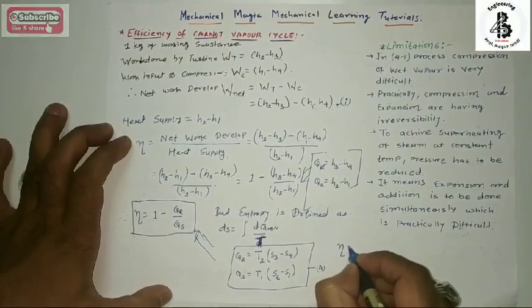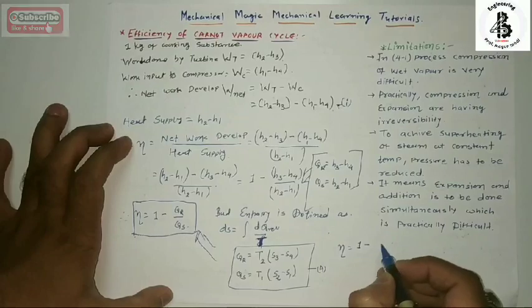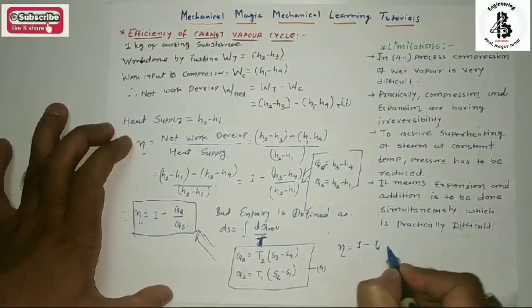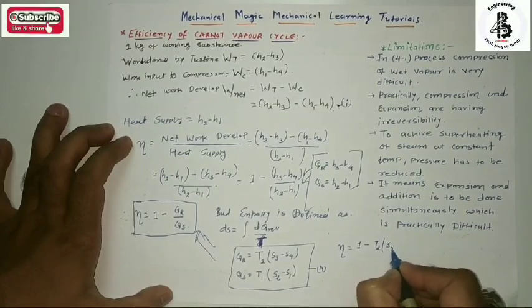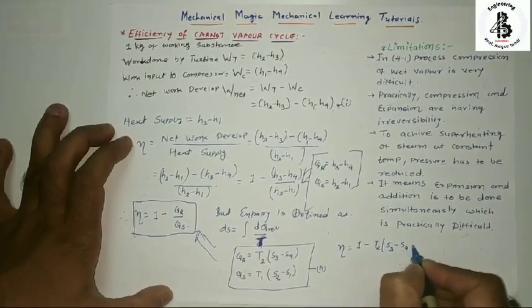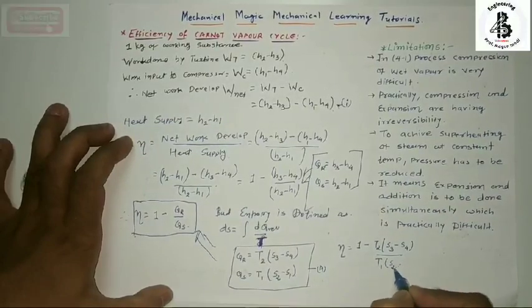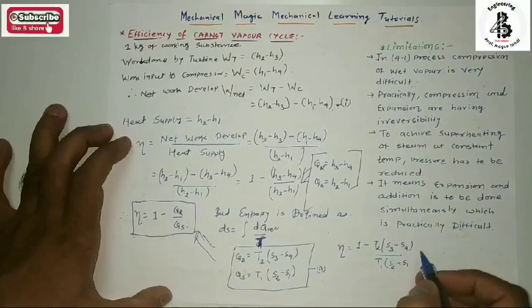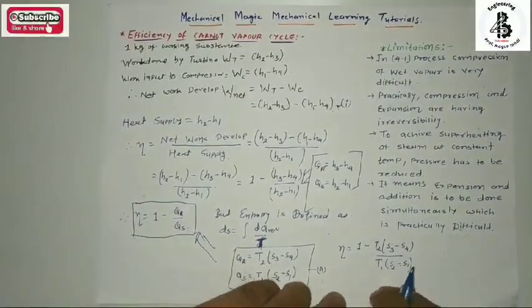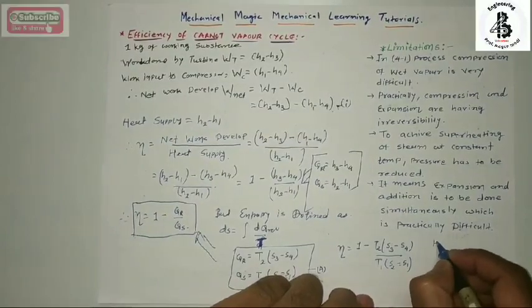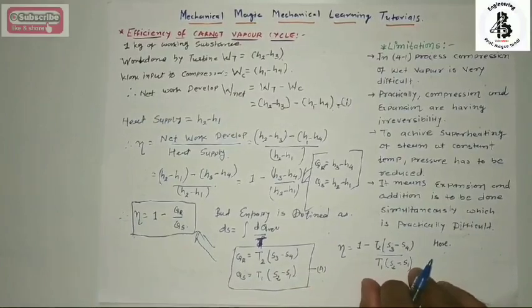So finally you will get 1 minus T2 into S3 minus S4 divided by T1 into S2 minus S1. But here we will convert this into an HS diagram.